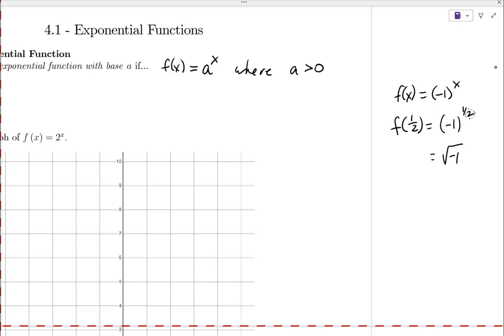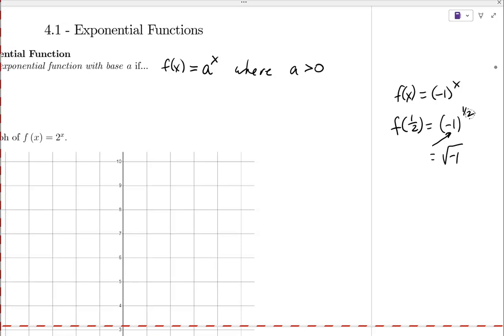So negative 1 wouldn't be in the domain. We want our outputs to be real numbers. So whenever we have negatives for our base, we get all sorts of domain issues. We can't do 1/2, we can't do 1/4, can't do any even fractioned exponent. So that's why we want to make sure our base is positive.